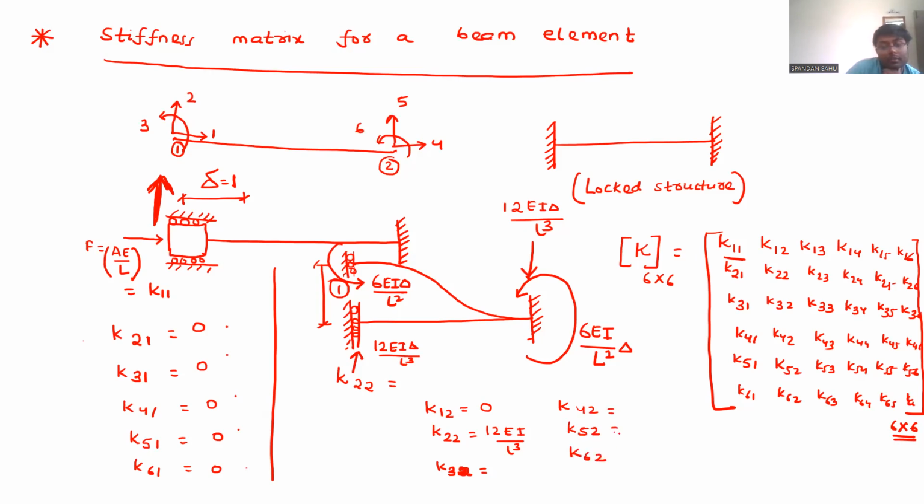Now 6EI delta by L square, sorry, 6EI delta by L square.